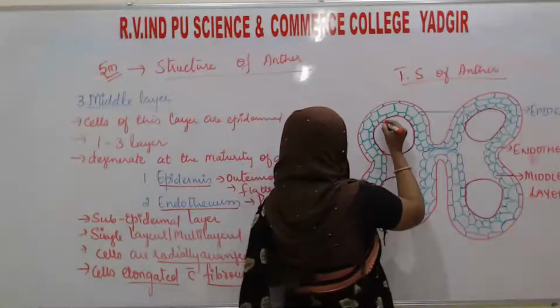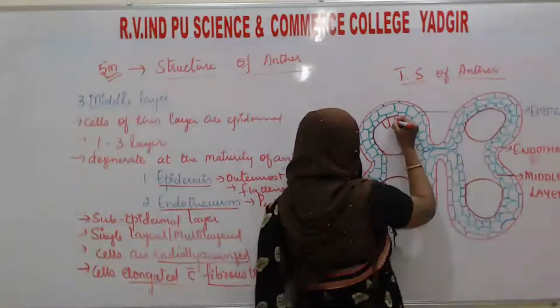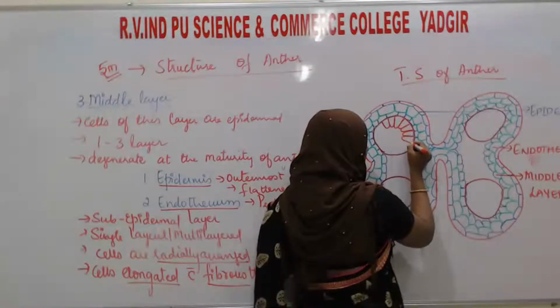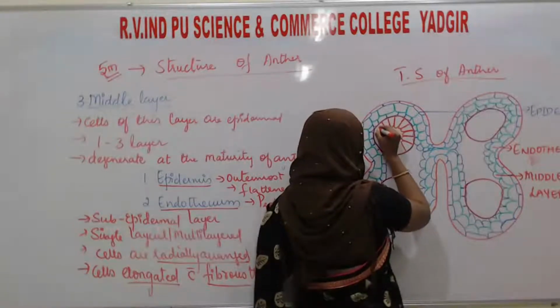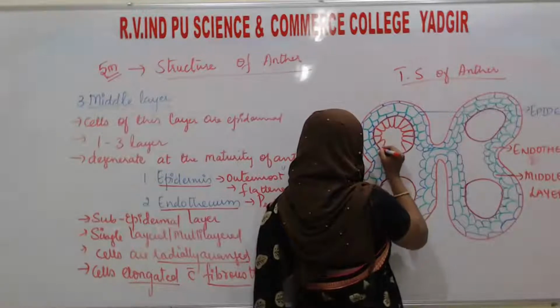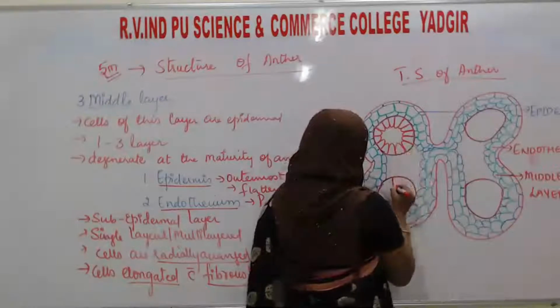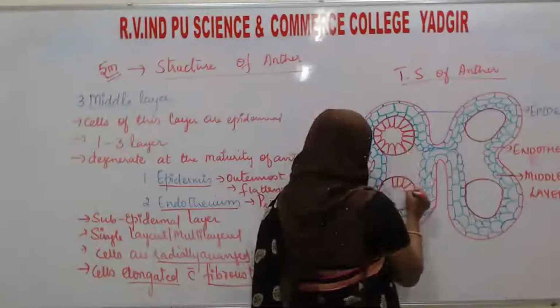So here the cells of the tapetum are elongated, larger cells which have dense cytoplasm and more than one nucleus, meaning 2 or 3 or many nuclei.